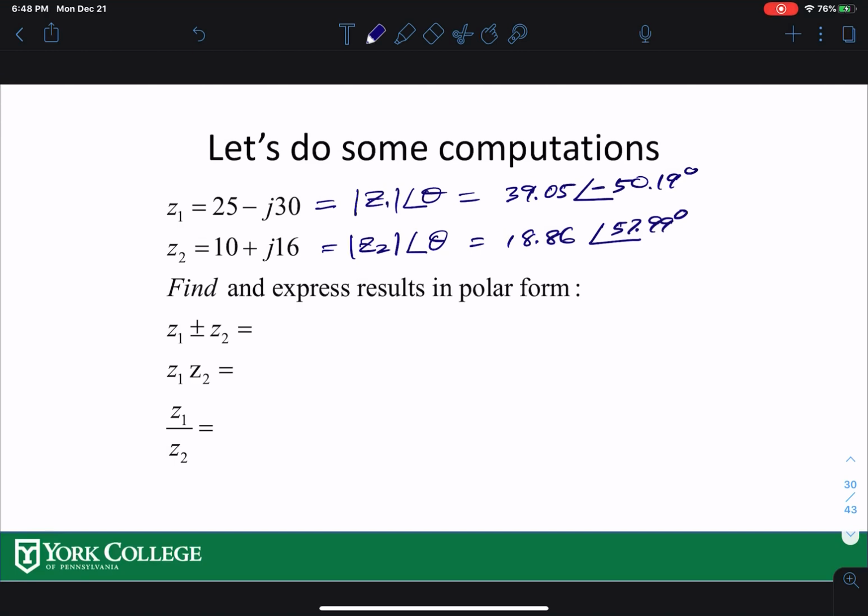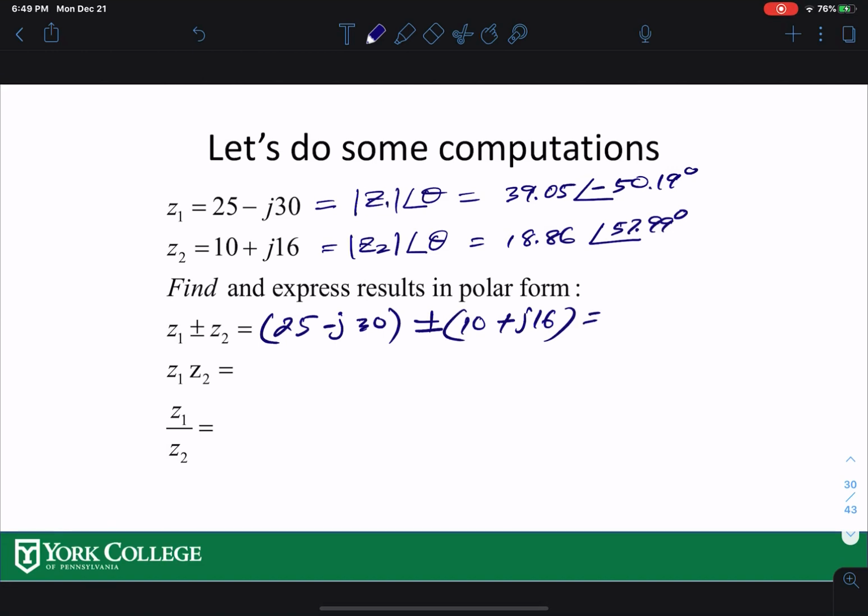Addition and subtraction is easier to do in Cartesian form. So it would be like 25 negative j. You can see that I replace i with j for our power system application. Then the other would be plus j16.